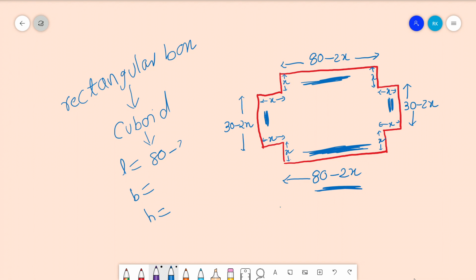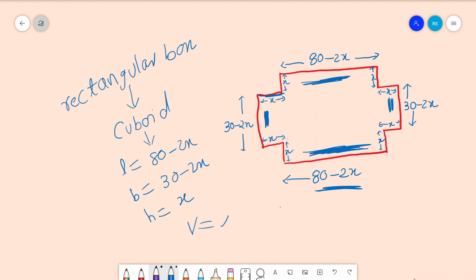Breadth is 30 minus 2x. Height would be x. As we are turning the parts up, sides up, height would be x. So we got the dimensions of the cuboid and we can apply the formula of volume.